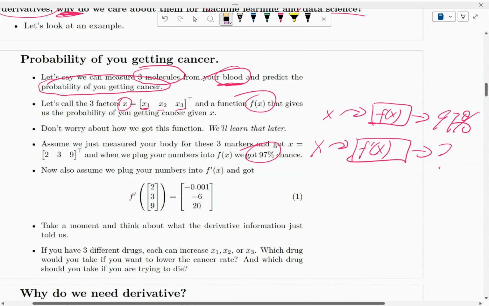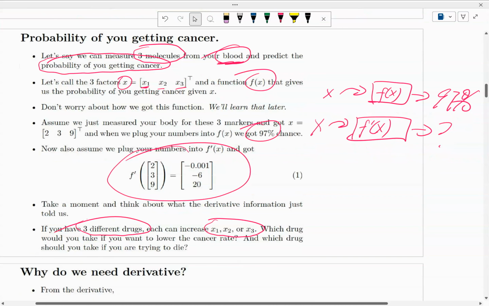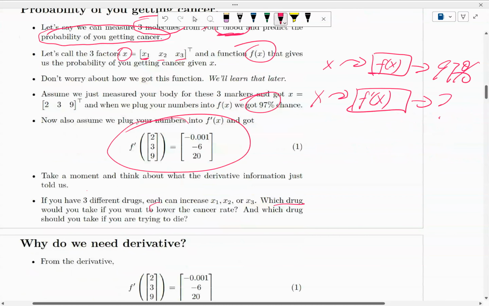Now the next step is, let's say you have three different drugs, and these drugs can individually increase the X1, X2, or X3 factor. Given this information, which drug should you take if you want to lower the cancer rate? And which drug should you take if you're trying to die?